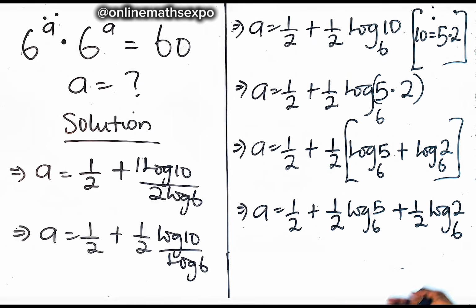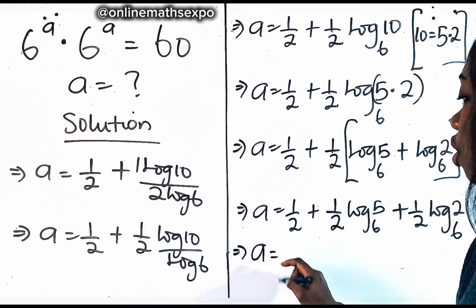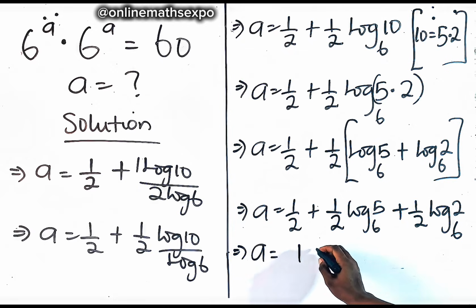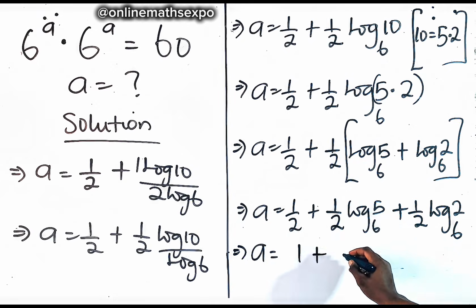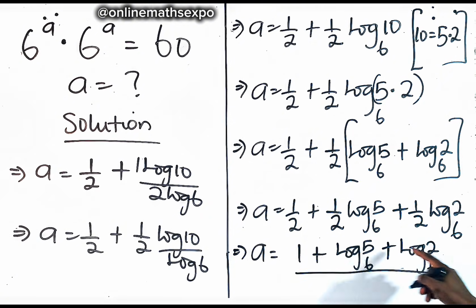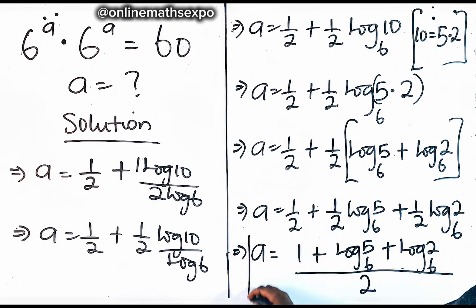So if you simplify this, we are going to now have A is equal to, you observe the denominator is 2. So this is the same as 1 plus 1 times this will give us log 5 base 6 plus log 2 base 6. All are divided by this denominator 2. So this gives us the value of A.